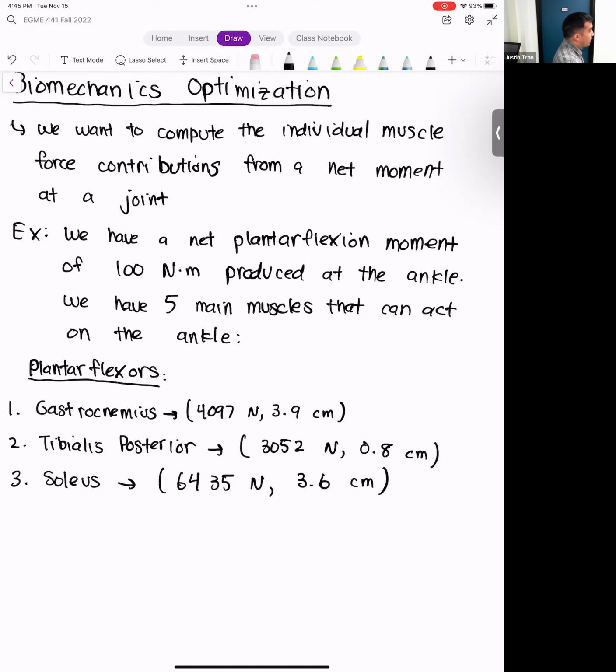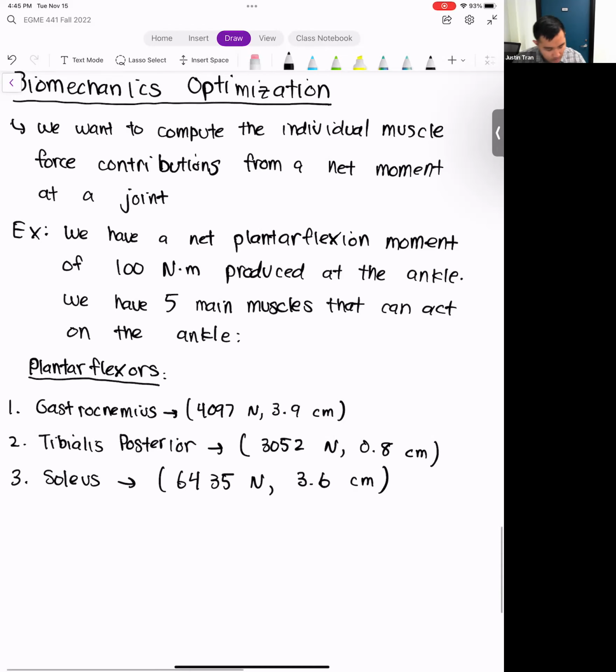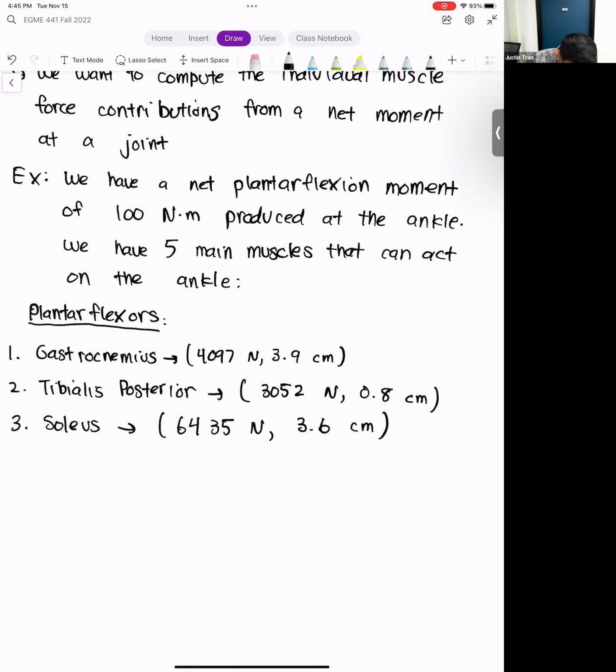So those are the 3 plantar flexors, and those can produce plantar flexion moments. Let me list out the dorsiflexors. There's 2 of them. The first dorsiflexor muscle is called the extensor digitorum longus.